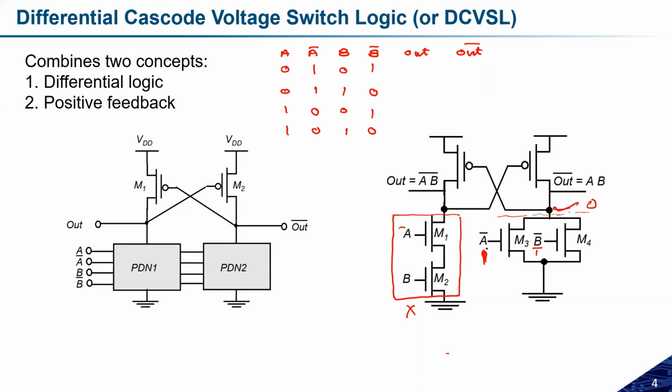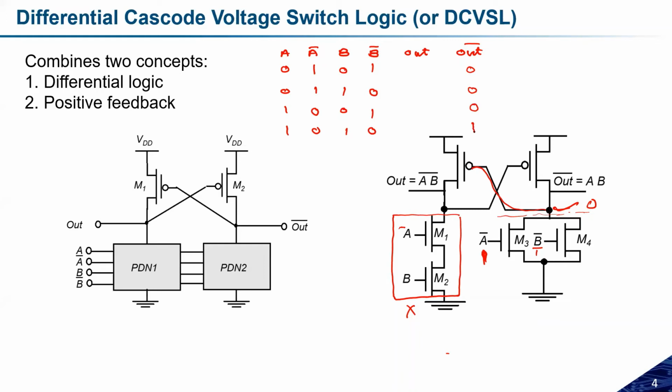If any one of A bar or B bar is 1, then this node will be connected to here. So I need to check A bar and B bar. Here both are on, so out bar will be 0. In this case again it will be 0, in this case again it will be 0, and in this case it will be 1.